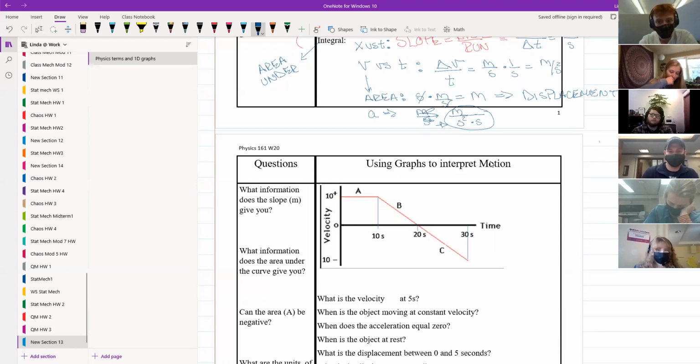Now, if I have a function that kind of looks like this, then I don't have a constant of anything. Therefore, I can say between here and here, I can predict where I would be, how fast I'd be going, and my displacement covered. But that tells me nothing about going on further down. Thank you. You're welcome.